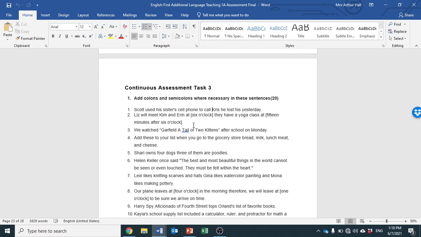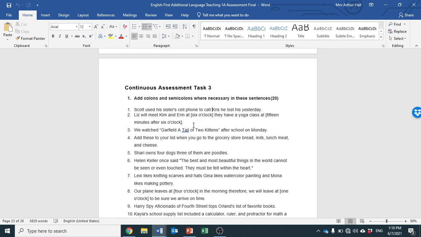Okay, let's have a look at the sentence itself. Liz will meet Kim and Aaron at 6 o'clock. Then it says they have yoga class at 15 minutes after 6 o'clock. The big thing there is to discern between the two sentences, because we will have to insert a semicolon as well. So who's doing what? Liz.